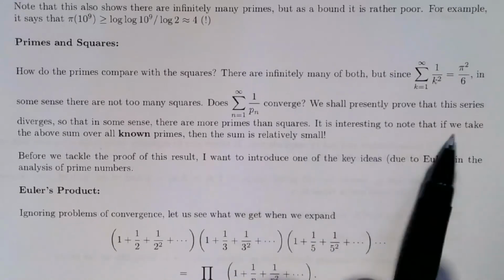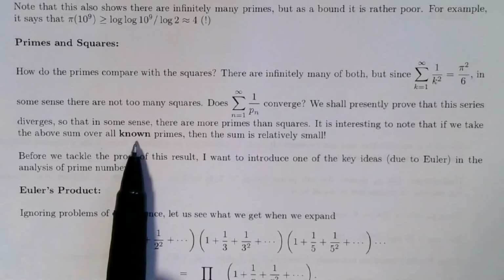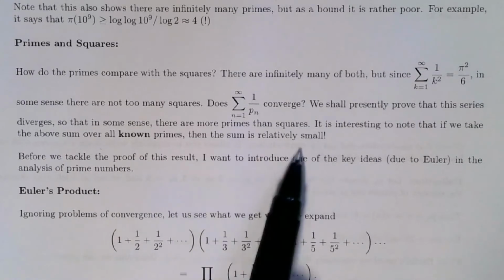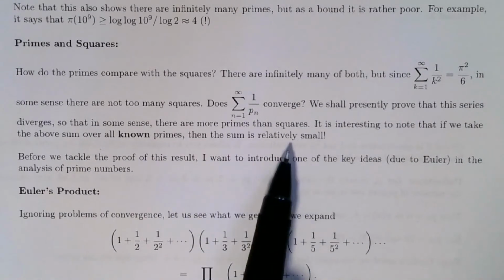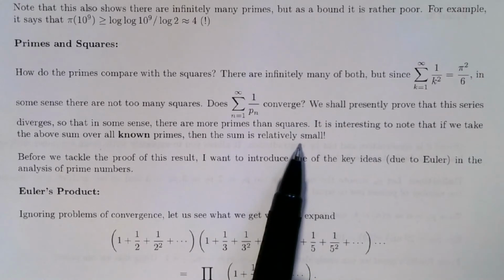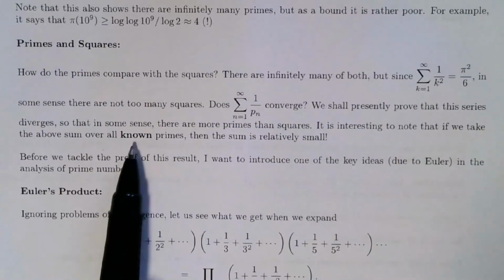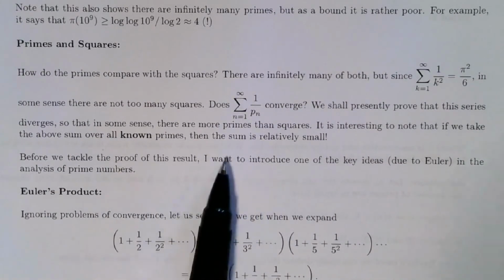It's interesting to note that if we take the above sum over all known primes, then this sum in fact is relatively small, even though I'm going to prove that it diverges to infinity, which perhaps is an interesting statement really about how much we really know about the primes. If we take the sum over all known primes, the answer is small, even though the sum diverges to infinity.